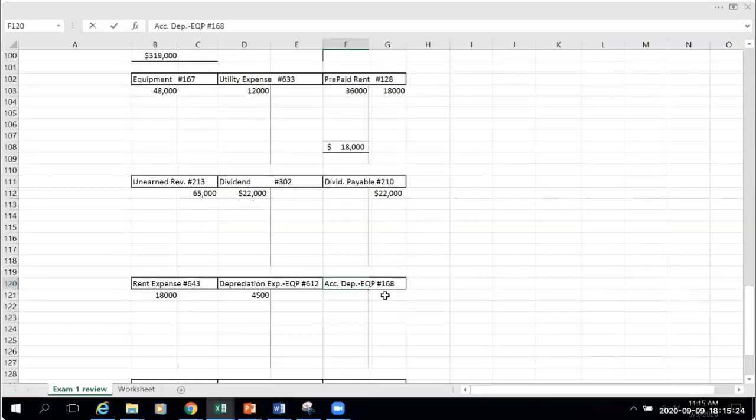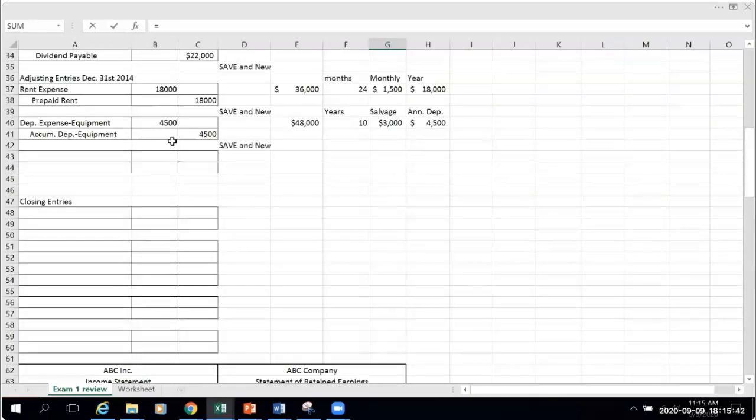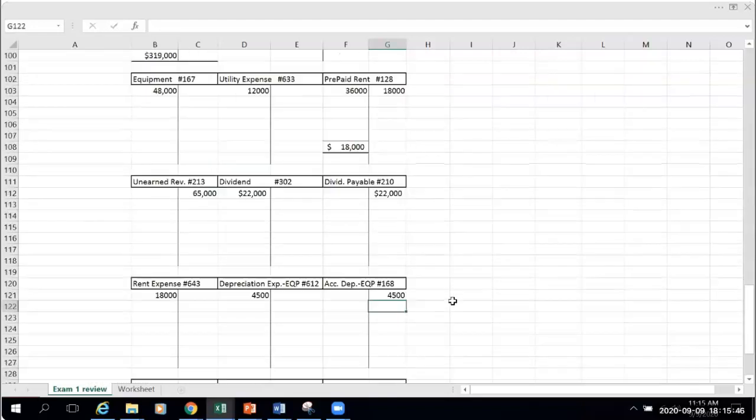Okay, that's a credit. You see depreciation expense, normal balance is debit, yes, but accumulated depreciation is contra account to equipment. So it's opposite of asset. Asset is debit, this is always credit. Equals to, and then we go up and click on that, enter. Cool.